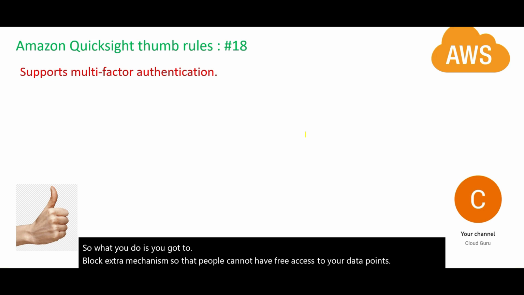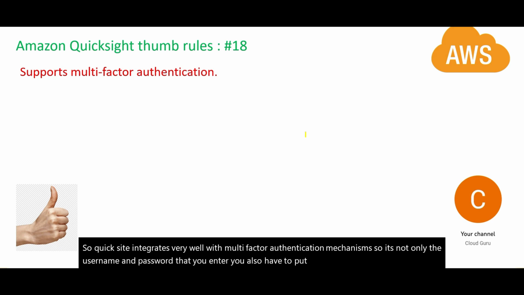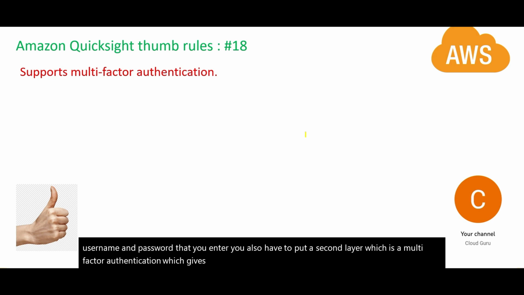Quicksight integrates very well with multi-factor authentication mechanisms. So it's not only the username and password that you enter, you also have to put a second layer, which is multi-factor authentication, which gives you some sort of token IDs on your mobile devices so that you can use that.